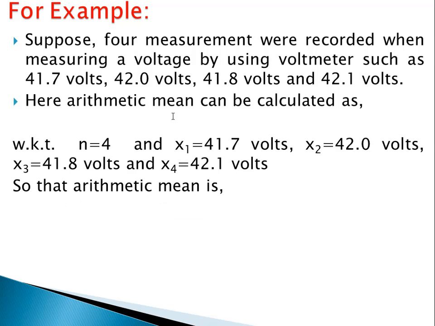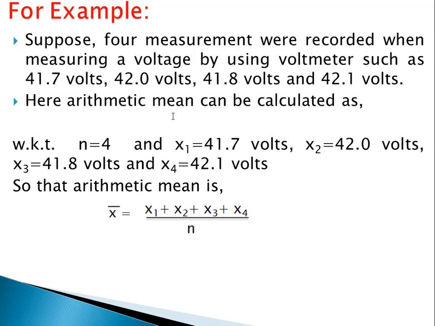So arithmetic mean is x bar is equal to x1 plus x2 plus x3 plus x4 divided by n.